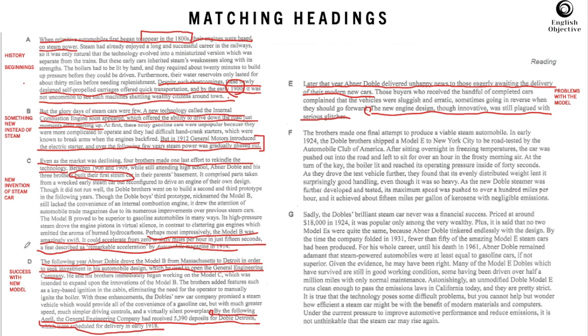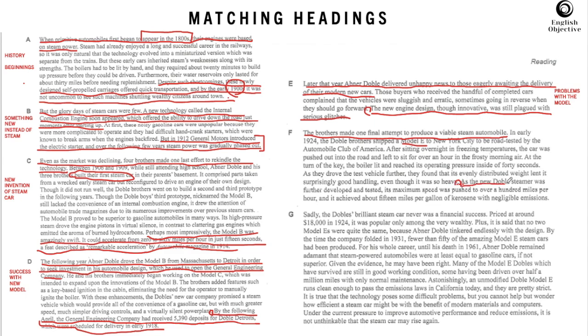Let's see what happens next. The brothers made one final attempt to produce a viable steam automobile. Okay, and then they explained how, and the name of the model, Model E. Let's see the topic sentences at the end. So, as always, let's try to find the full stop. Okay.